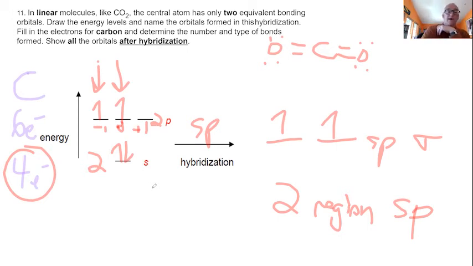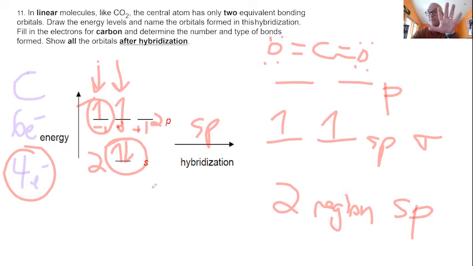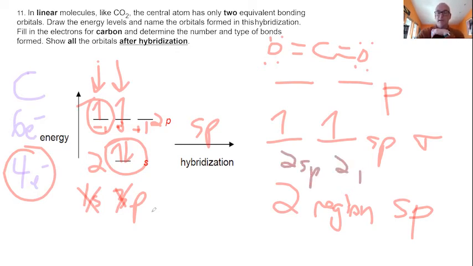I took my S orbital and one of my P orbitals and I hybridized them. So I have 2 P orbitals left over. I had 4 orbitals at the beginning, and I have 4 orbitals at the end. I started with 1 S and 3 P. After hybridization, I've hybridized one of the S's and one of the P's, so now I have 2 SPs and 2 P's.